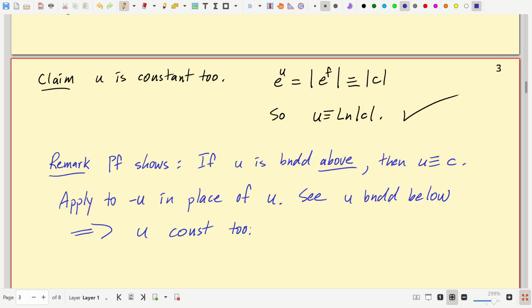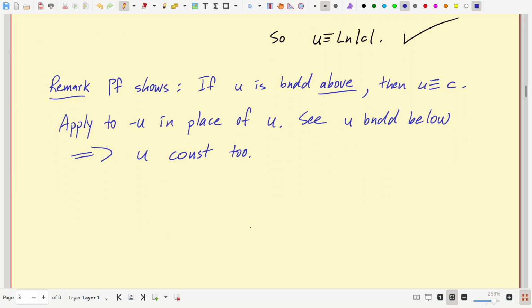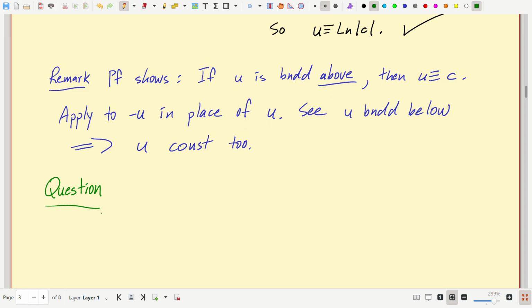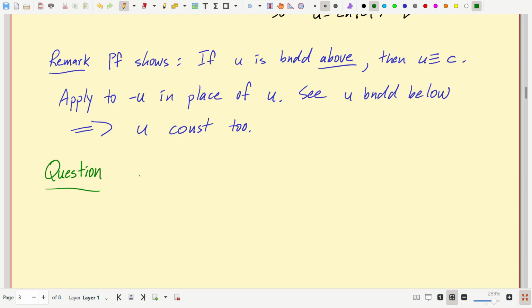So any questions about that? That's an easy one. I want to think about a question now. It's natural to ask. We were able to deduce all those fancy things about analytic functions from the Cauchy integral formula. And you might ask, well, this is kind of feeling like harmonic functions act a lot like analytic functions.